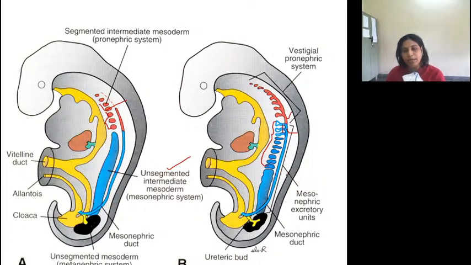These will be on either side of the midline. And this mesonephric duct will be opening into the primitive cloaca. The primitive cloaca is the caudal part of the developing gut. The caudalmost part is undivided, but the cranial part of this hindgut will be divided into a ventral part, the urogenital sinus, and a dorsal part, the primitive rectum.